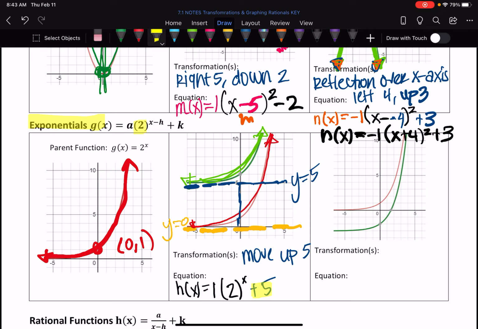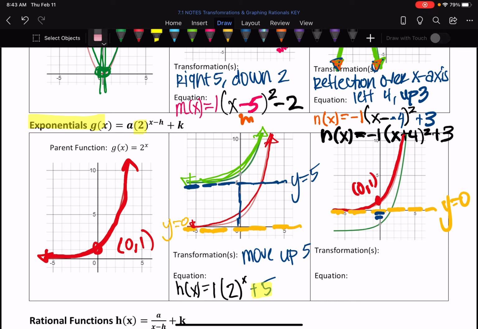All right, my third graph, this exponential, my parent function again is in red, going where my y-intercept is going through 0, 1, and my asymptote, that line that it'll approach but never touch, is y equals 0. So to get from red to green, I see that it moved down 2. So we went down 1, 2.